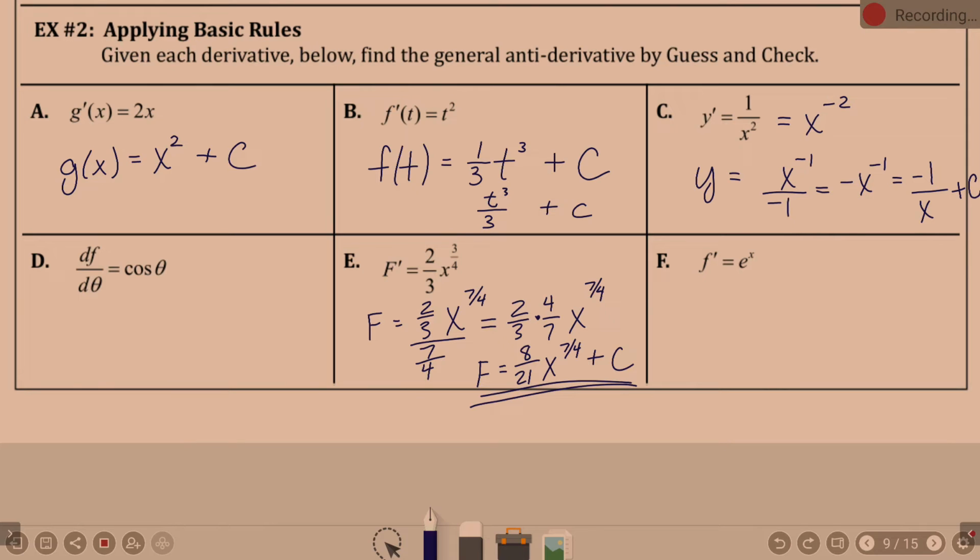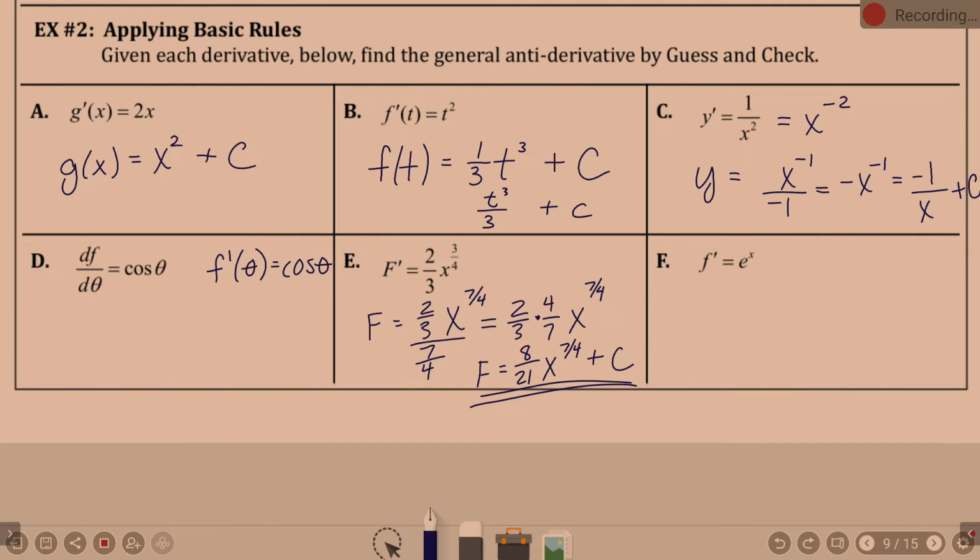Now, D and F, I feel like are kind of randomly thrown in here. Okay, so first of all, df d theta. That is the derivative of f with respect to theta, yes? So you could also think of this as f prime of theta is equal to cosine theta.